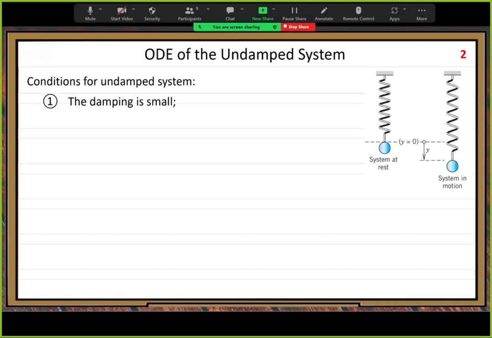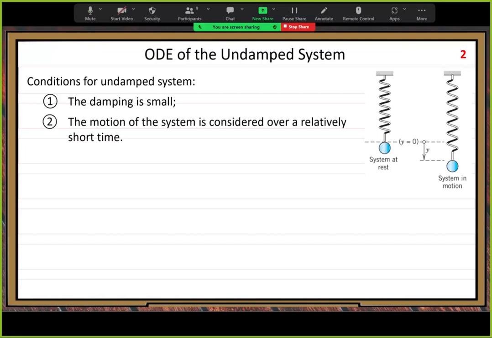The first condition: the damping is small, the force causing the damping is small. Second, the motion of the system is considered over a relatively short time, not too long. The longer, the worse. The longer the time, the approximation would not be accurate.